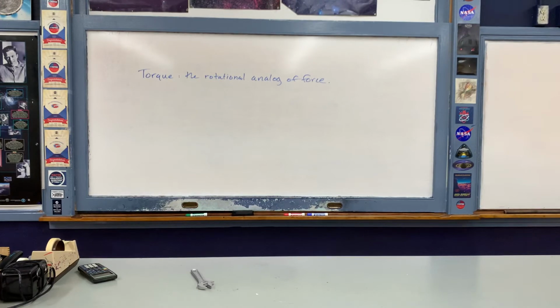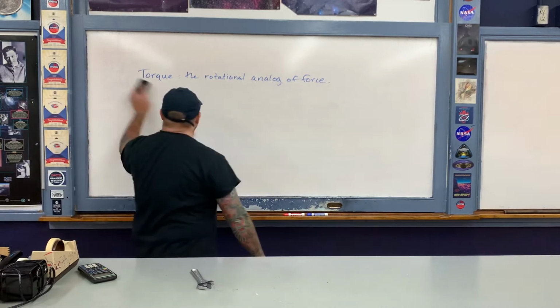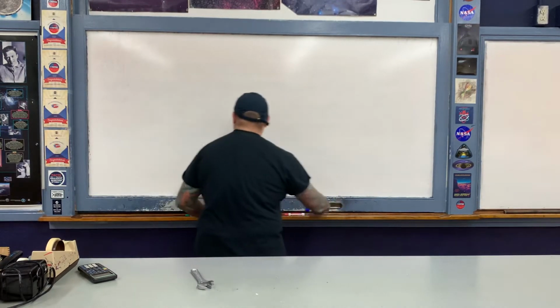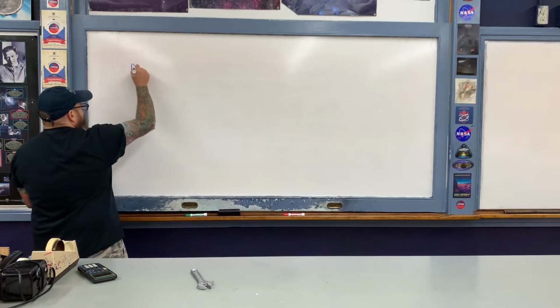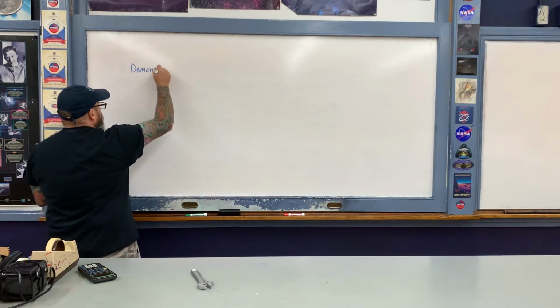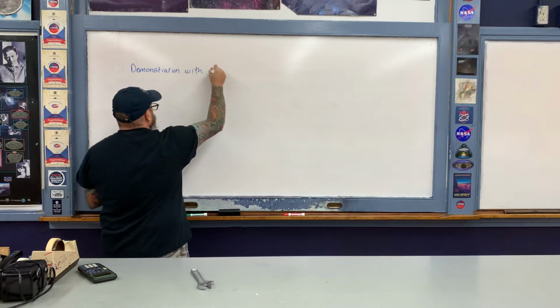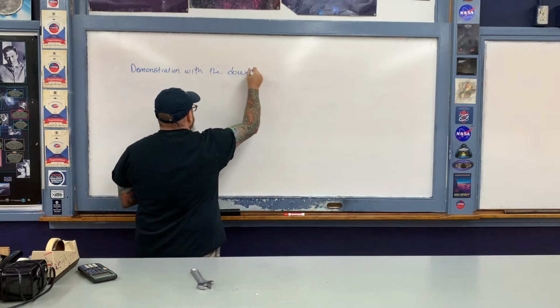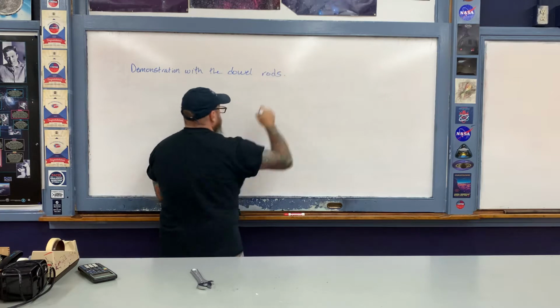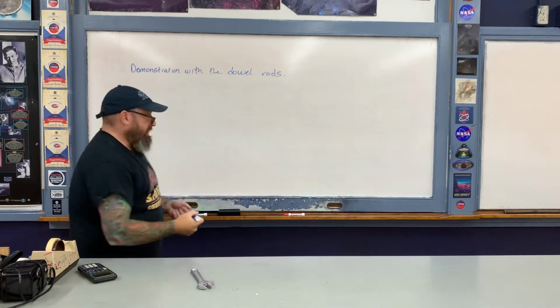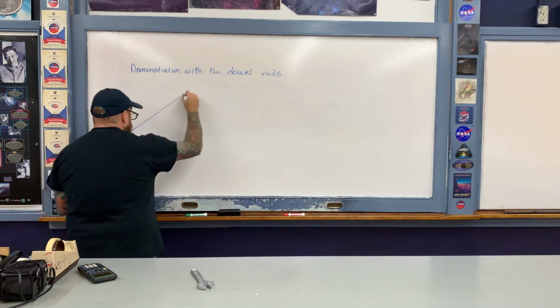Okay, so now let me go ahead and draw out this demonstration on the board. So I have this demonstration with the dowel rods. Okay, and here's how I'm going to draw it. Here's one dowel rod like so.